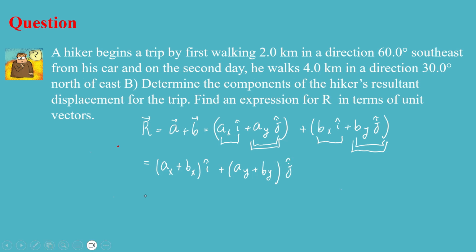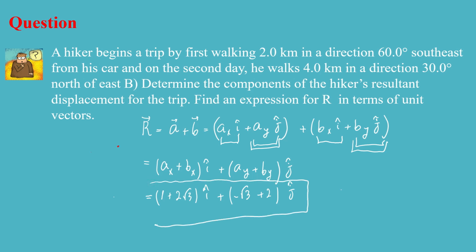From the previous slide, R is going to be 1 plus 2 root 3 I plus minus root 3 plus 2 J. And this is the way I can define the result of the two vectors.